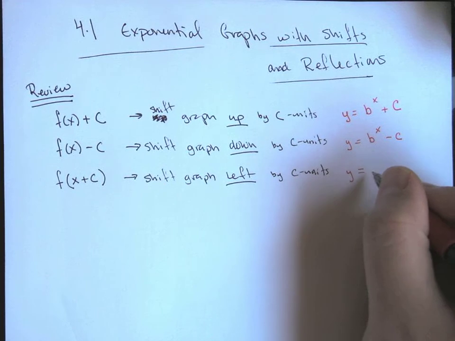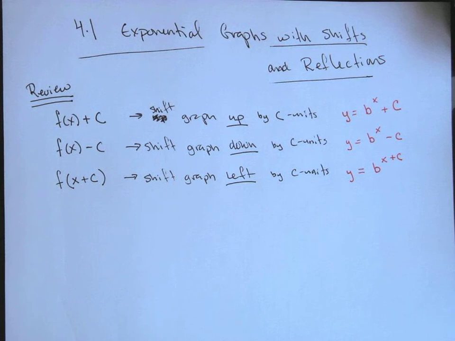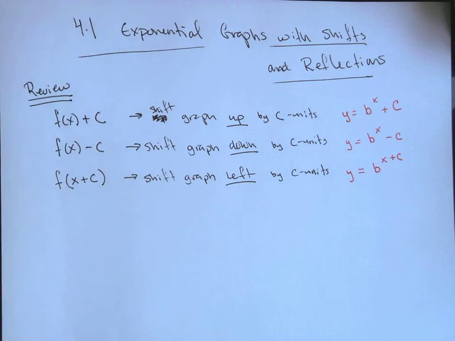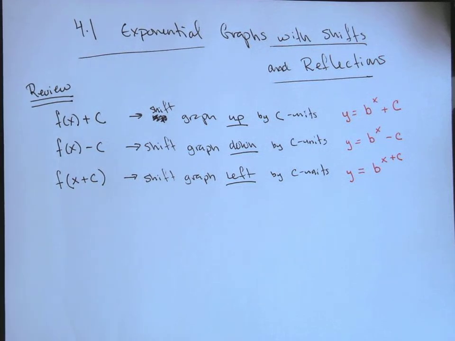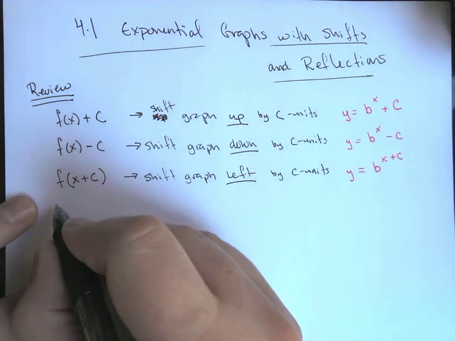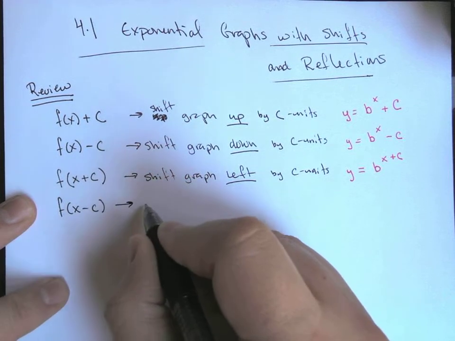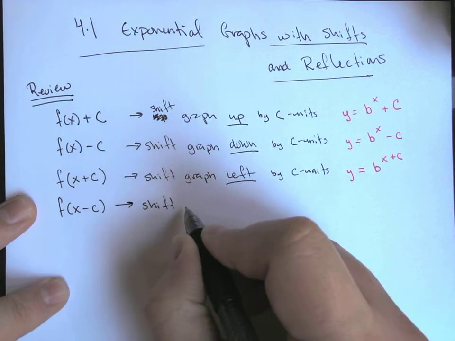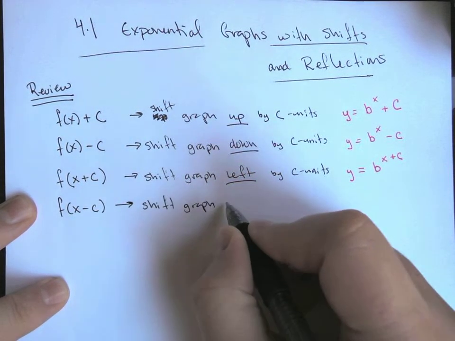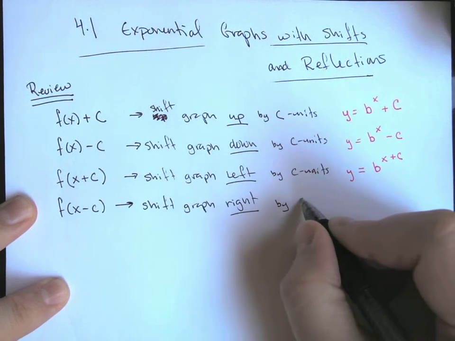What's this going to look like? The idea is that it's x plus c in the exponent. So if you're adding directly inside the power, adding to the exponent, that's going to shift us to the left. Obviously, from the other perspective, if I do f of x minus c, that's going to shift our graph to the right by c units.